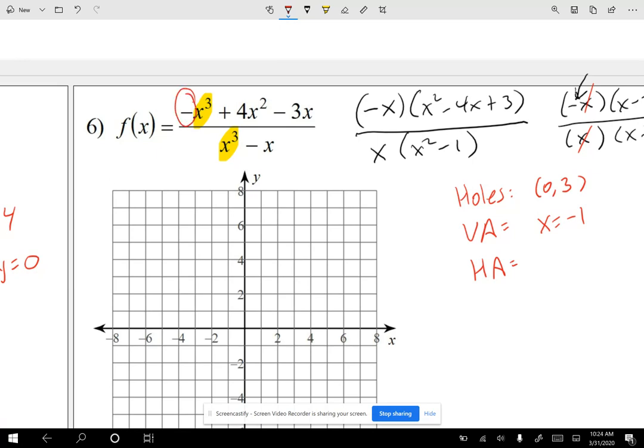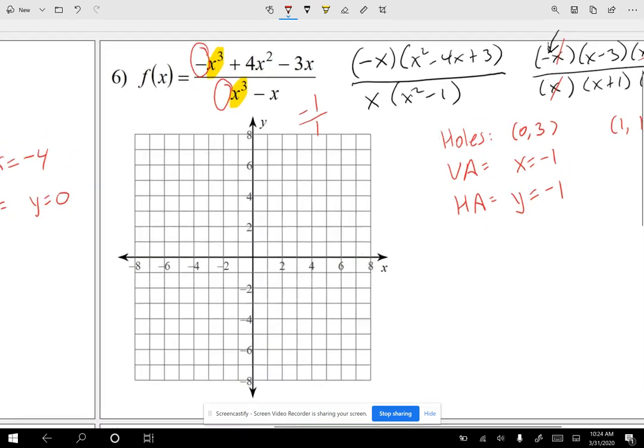So I have a negative 1 and I have a positive 1. So I'm just going to go negative 1 divided by positive 1. So my horizontal asymptote is y equals negative 1. When the exponents are equal, divide the leading coefficients, the very numbers at the very front. Negative 1 divided by 1 gave me negative 1.